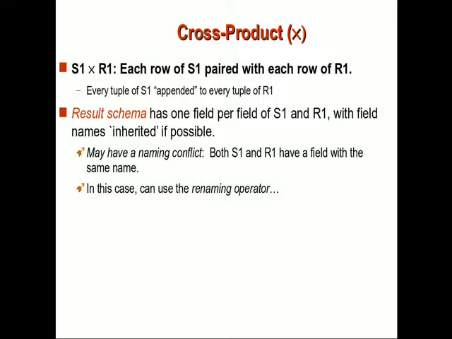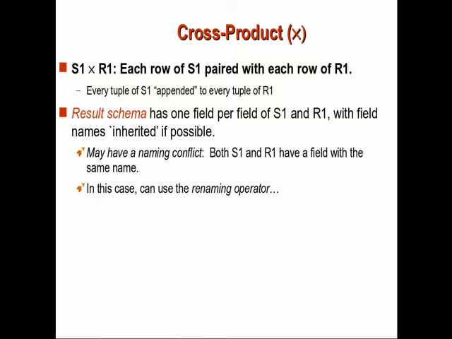We have two relations S1 and R1, and if you perform the cross product of S1 and R1, the resulting relation is this, and here you can see that each row of S1 is appended with each row of R1. So for example, the first row of S1 with SID 22 is appended with the first row of R1 with SID 22, and it forms the first row of the resulting relation.